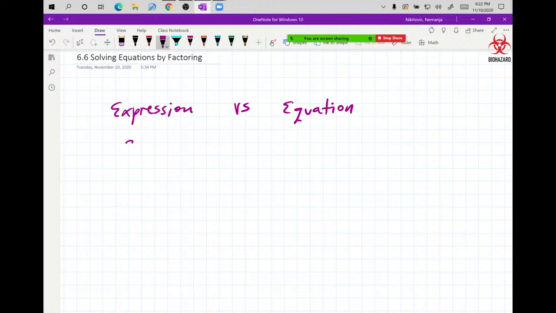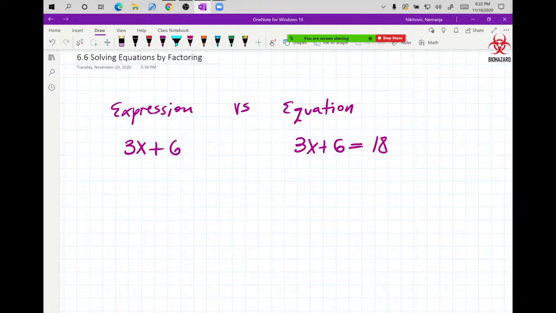An expression is like 3x plus 6. That's it. 3x plus 6 equals, I don't know, 18 is an equation. So the clear difference is this extra stuff with the equal sign.